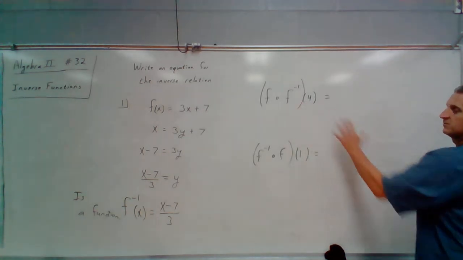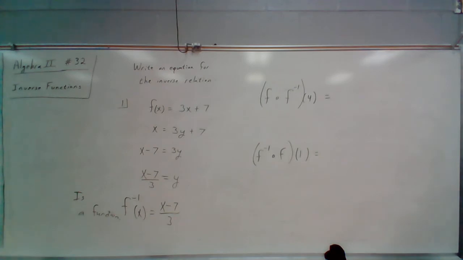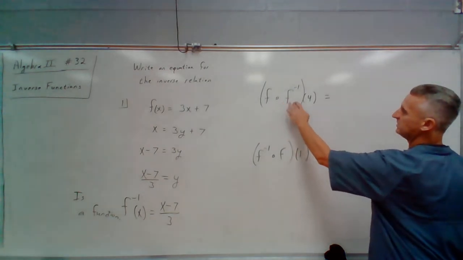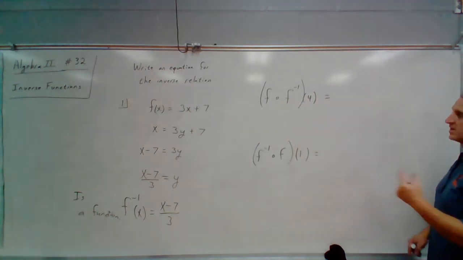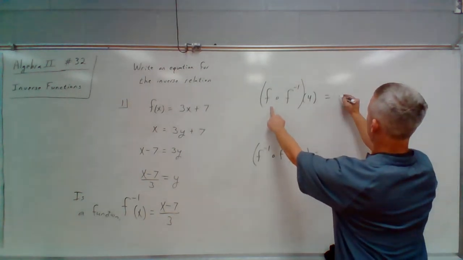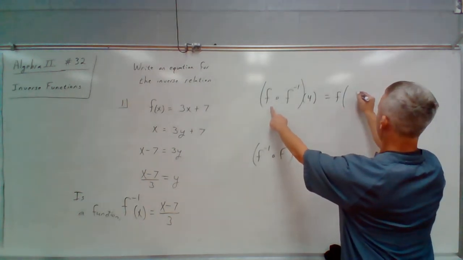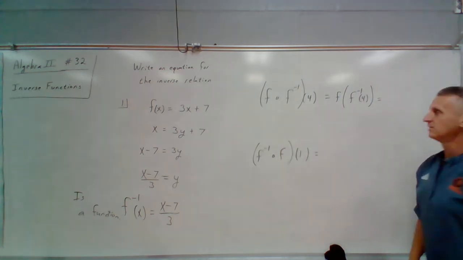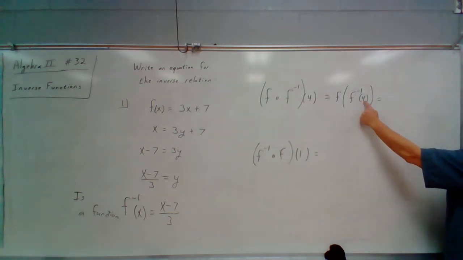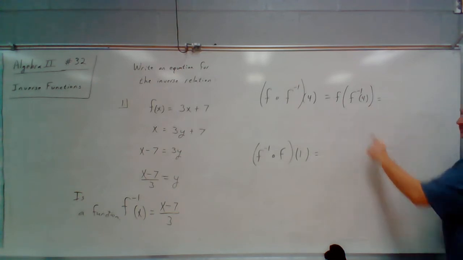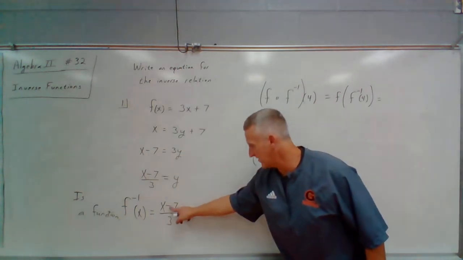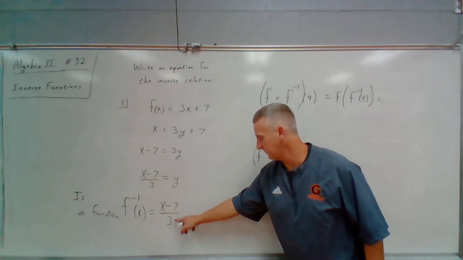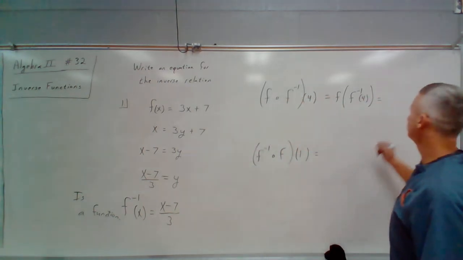All right, so let's look at what we just did in this terminology. Let's do f circle f inverse of 4. Remember that means f of f inverse of 4. So this means plug 4 into f inverse first. Okay, 4 minus 7 is -3. -3 divided by 3 is -1.